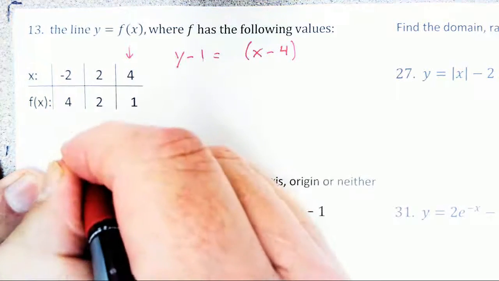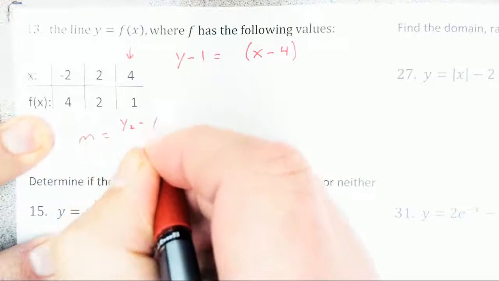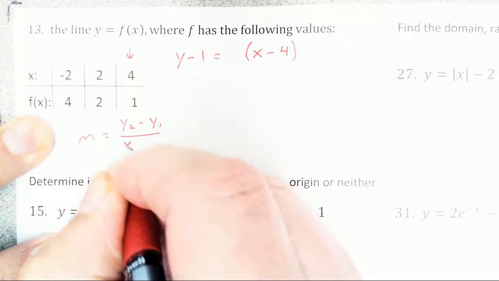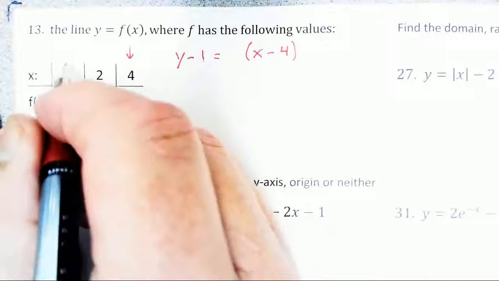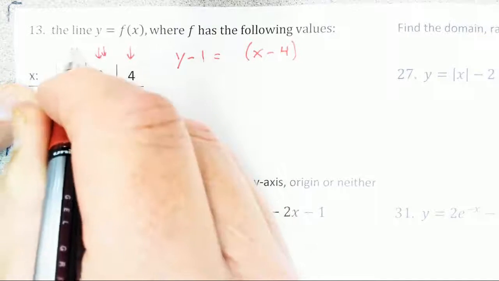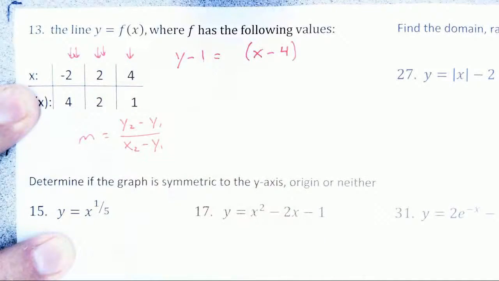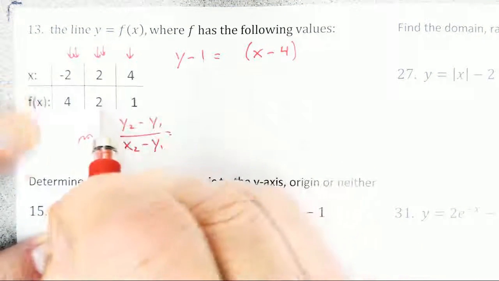Of course we know that slope is the change of y over the change of x, and we can use any consecutive points here. Just so these points don't feel left out, finding slope, I'm going to use these. So my y changed into 2.